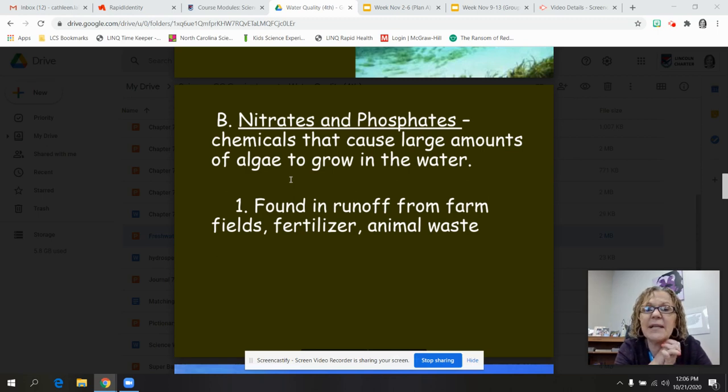But sometimes the chemicals get caught in that runoff, and they wash into the lakes and rivers, and they cause algae to grow in large amounts.